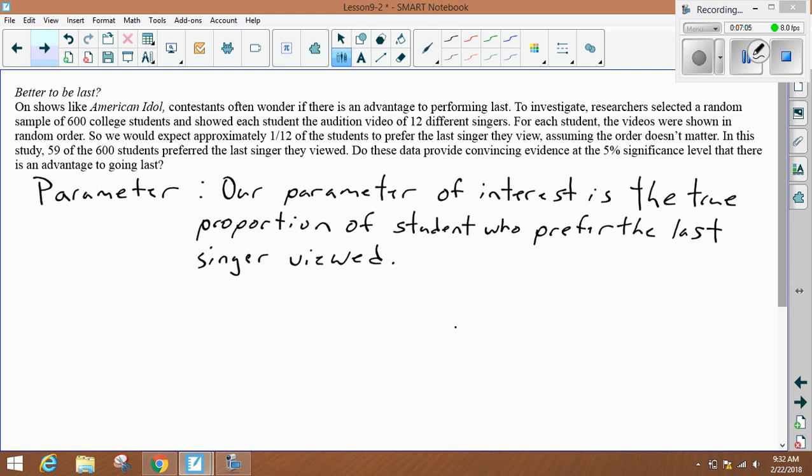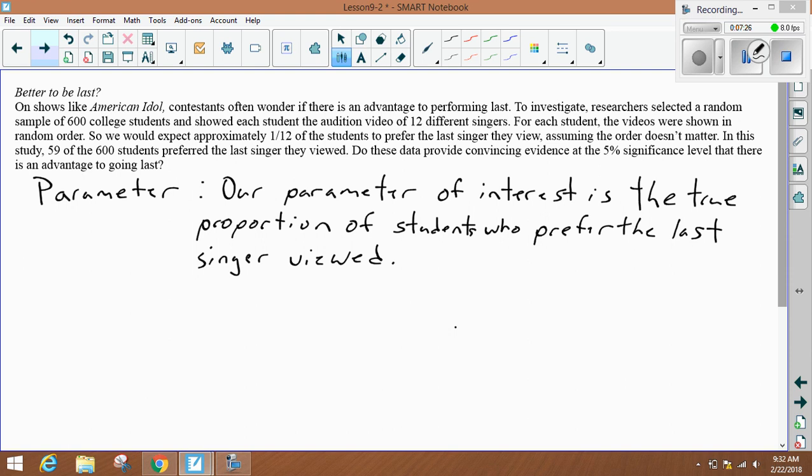That's what we're interested in. Okay? All right. So what do we want to know about the true proportion of students who prefer the last singer?